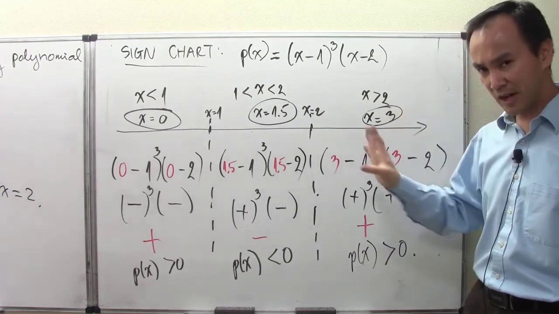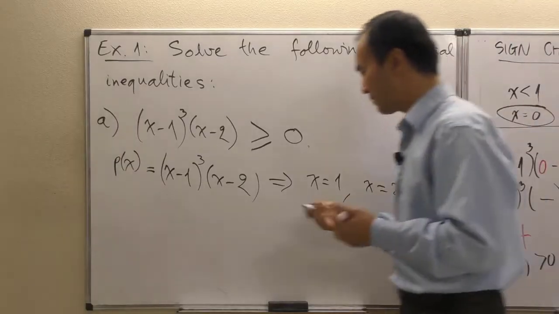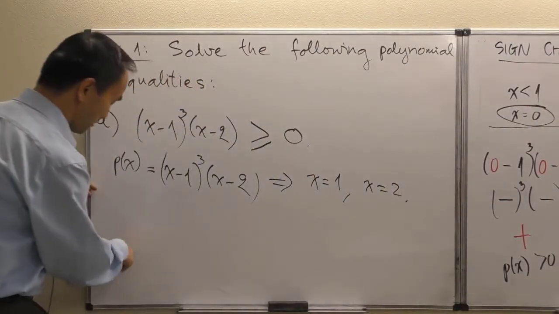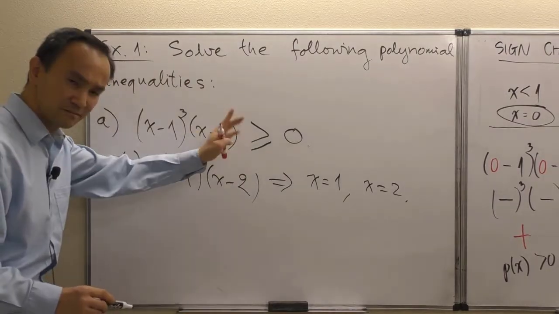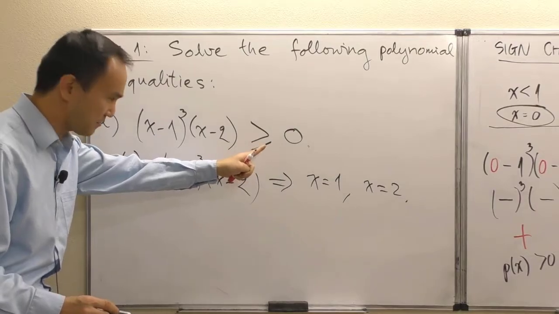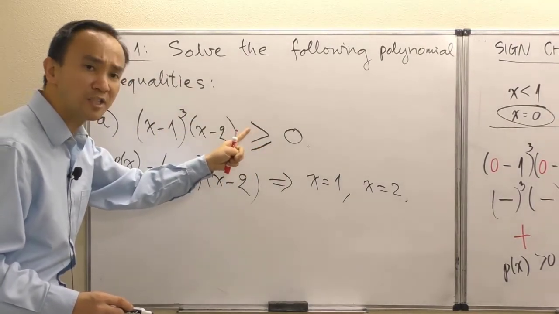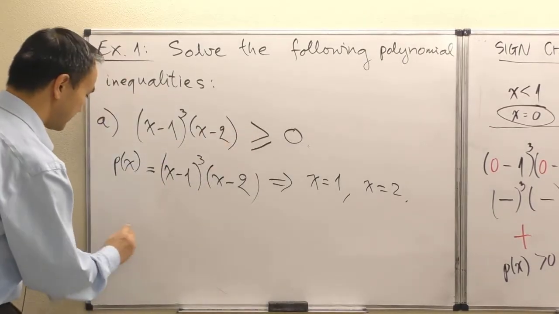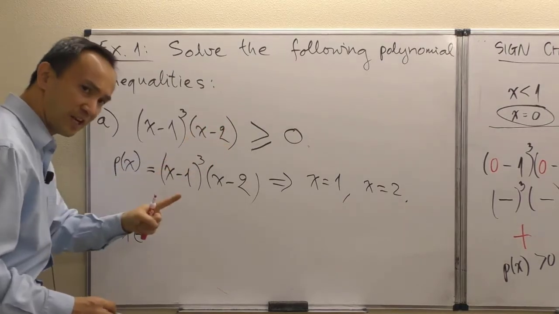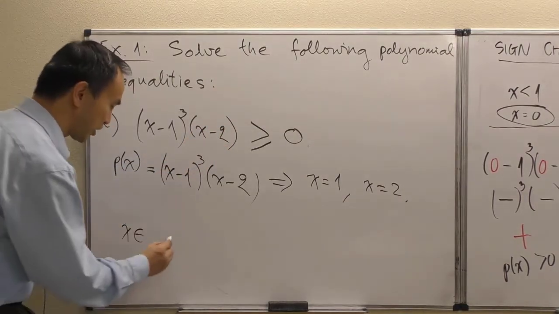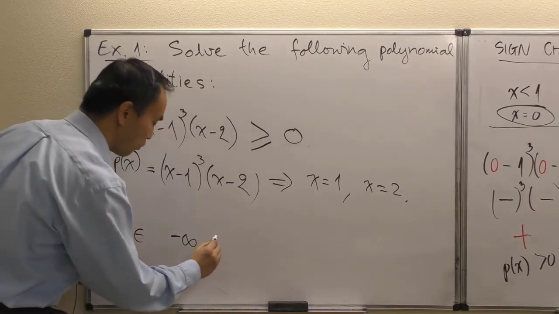All right, so now here's how I'm expressing my answer. Here's the logic. Don't worry about the equal sign yet. At least the bigger part of this inequality is the part where it's positive. I'm going to write x inside from left to right. The first interval we saw in the sign chart was from negative infinity to 1.